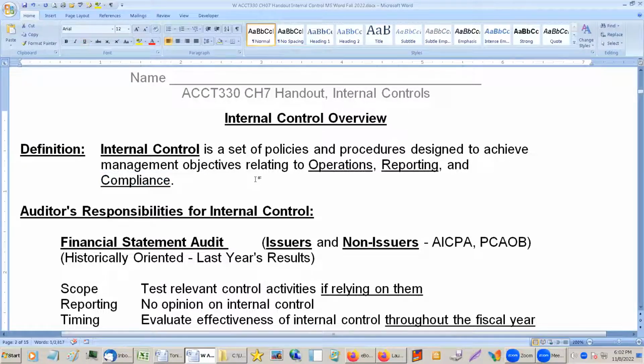And if you recall, those are the three kinds of audits that we have.